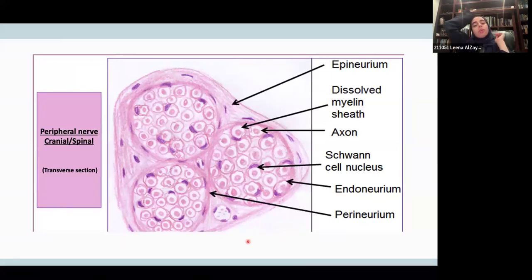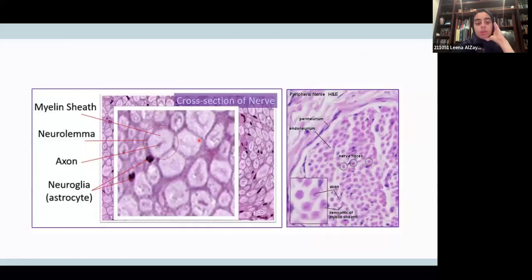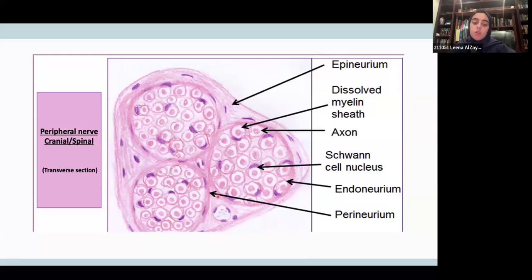So you have the epineurium being in the outside. You have the axons, individual fascicles, axons here, and around each fascicle you have a myelin sheath, and you can see their cell body colored in blue. And the perineurium is all around it because it's in the kind of the sandwich in the middle.